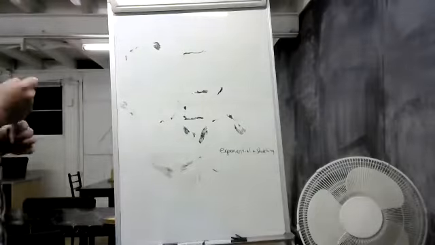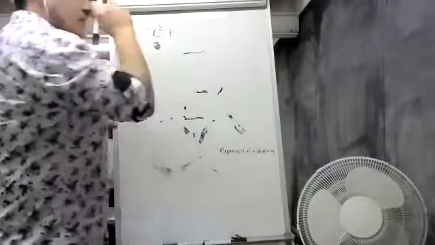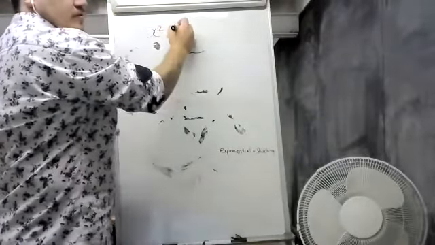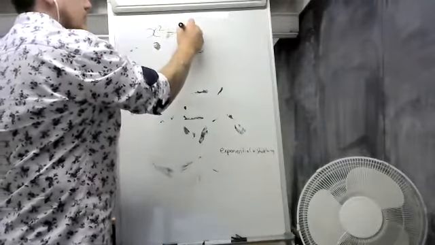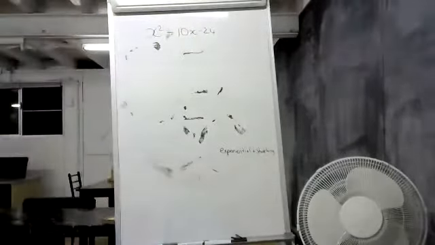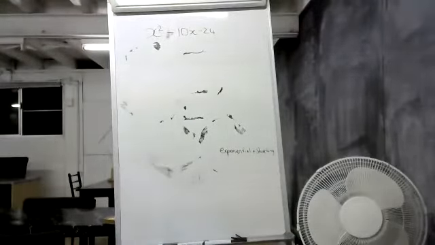Let's do one more. X squared, no, I'm going to do 2 minus signs. So again, take 60 seconds. Make sure you get the signs around the right way.